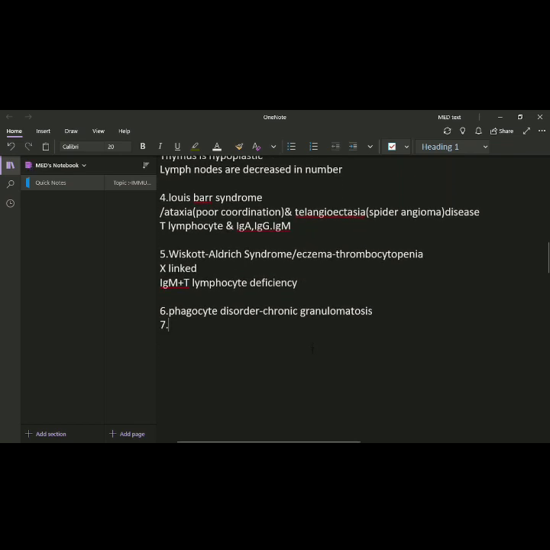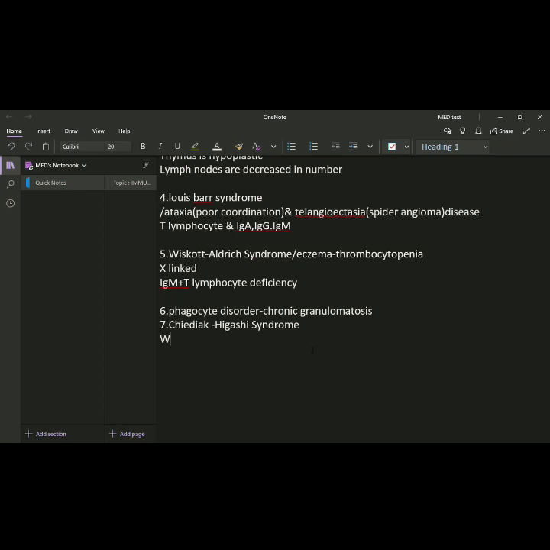Another one is Chediak-Higashi syndrome. In the Chediak-Higashi syndrome, there is impaired white blood cell function due to failure of phagolysosome formation.